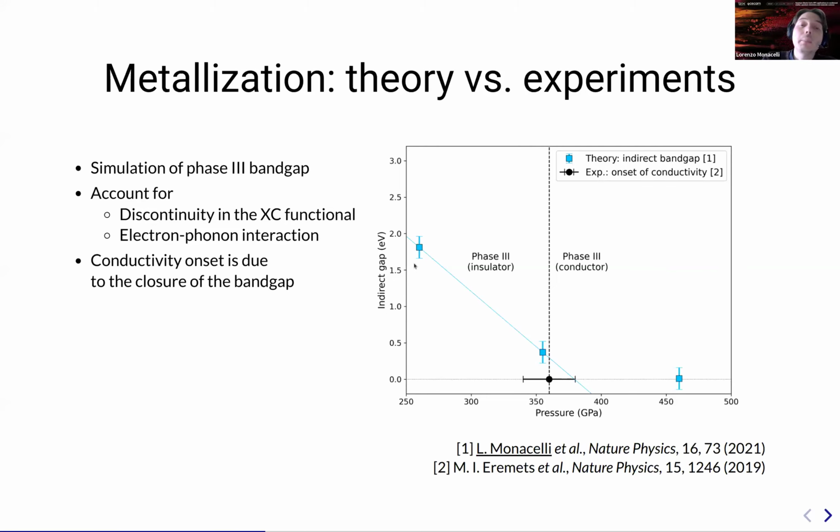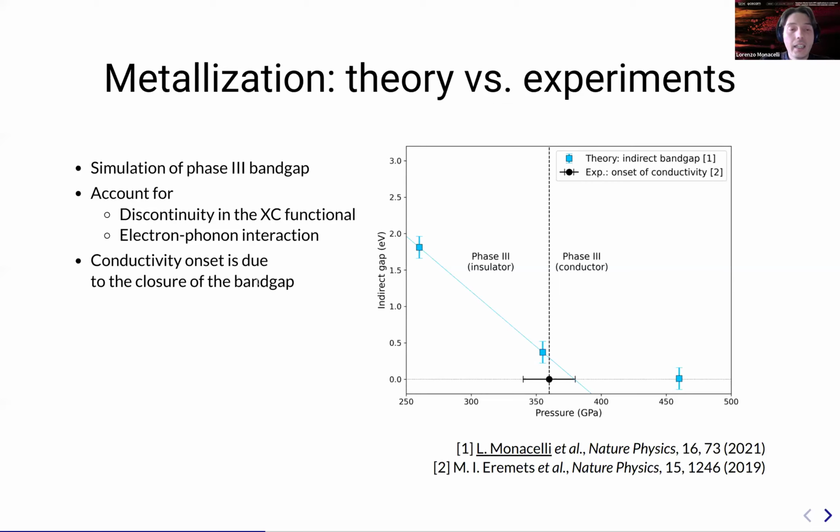We simulated the band gap, and particularly we accounted for electron-phonon interaction and also the discontinuity in the exchange correlation potential. We used a meta-GGA, the modified Becke-Johnson, to compute the band gap. The reason we didn't go directly with diffusion Monte Carlo is that to converge the electron-phonon interaction in this system, we need to go to systems that contain several hundreds, if not thousands, of atoms.